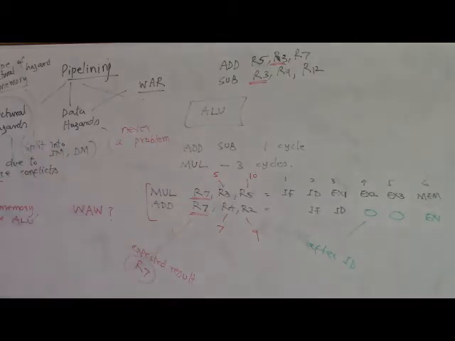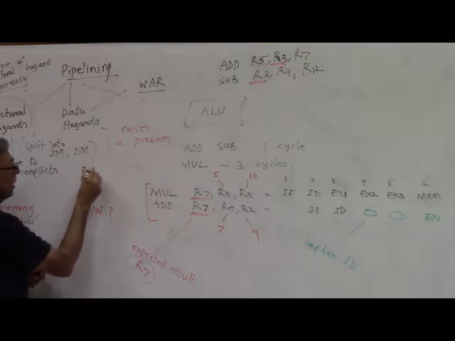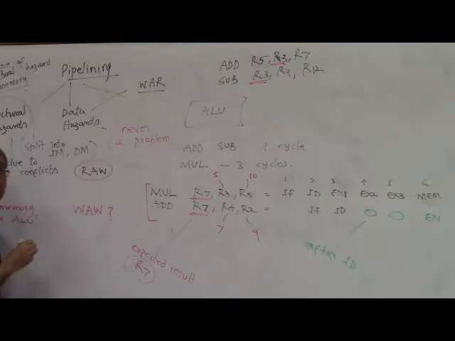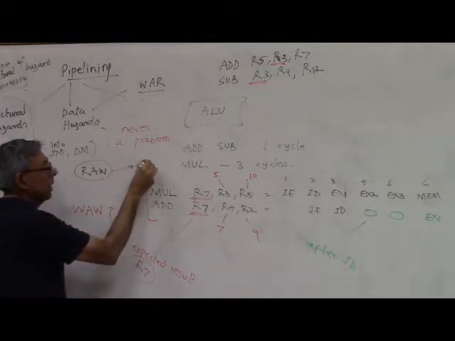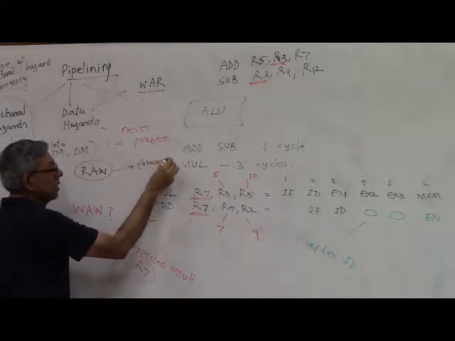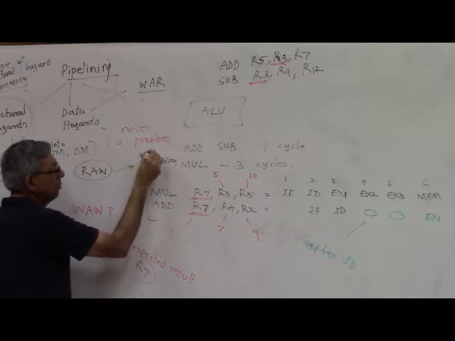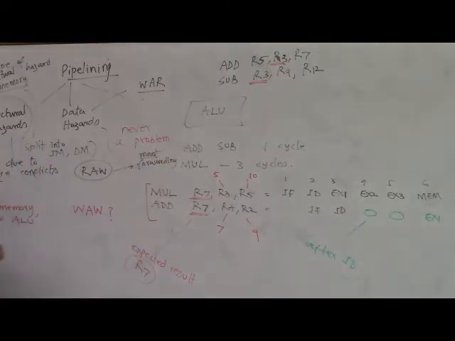To summarize, what kind of data hazards are a problem in our current design? Of course, RAW. Most of the RAW hazards can be solved by forwarding.